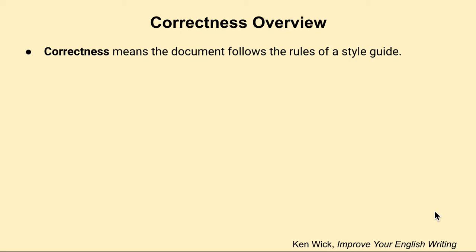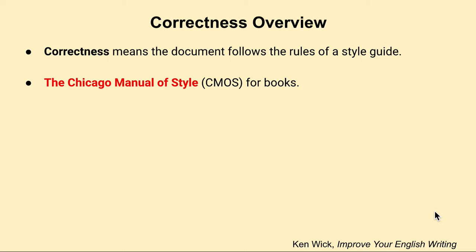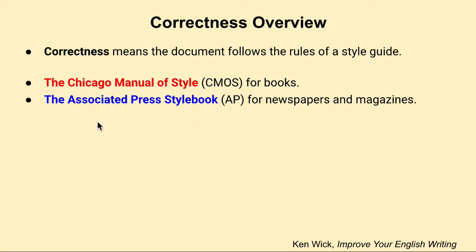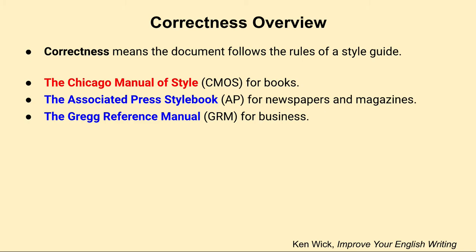So let's do an overview of correctness. Correctness means that the document follows the rules of a style guide. That's just basically a rule book, and here are the most popular rule books or style guides. By far the most popular is the Chicago Manual of Style, which is used for books. Then the Associated Press Stylebook, which is mainly used for newspapers and magazines. Then you have the Gregg Reference Manual, which is mainly used in business.